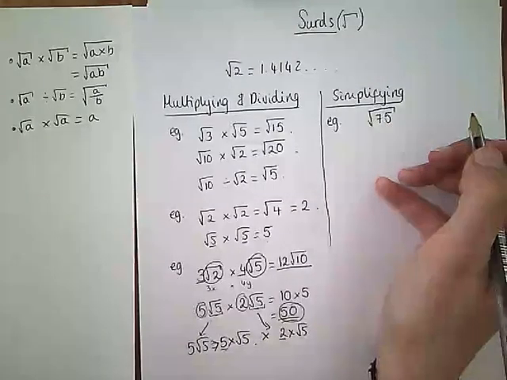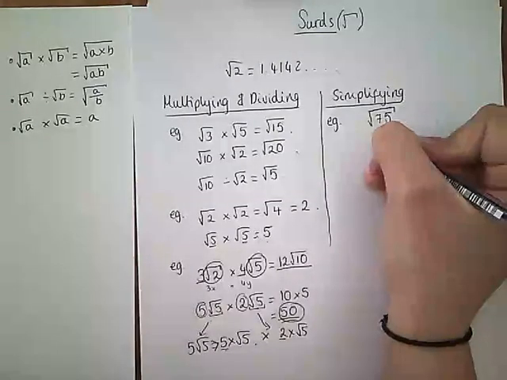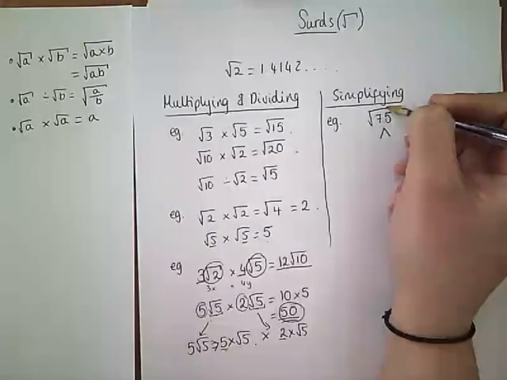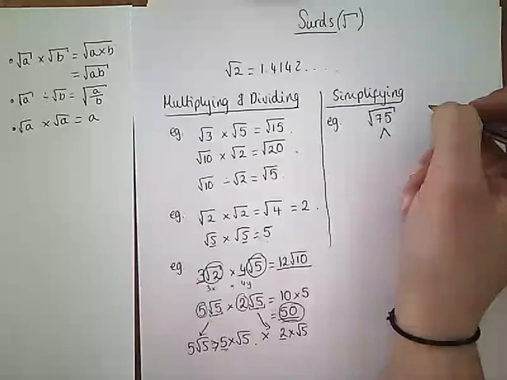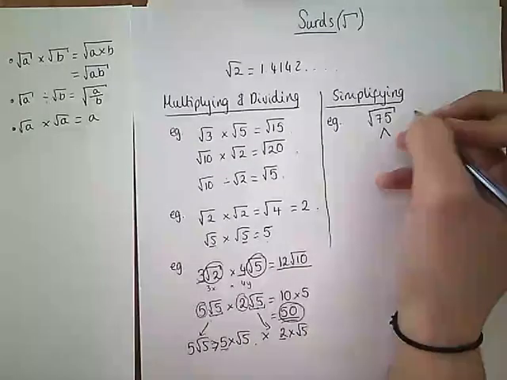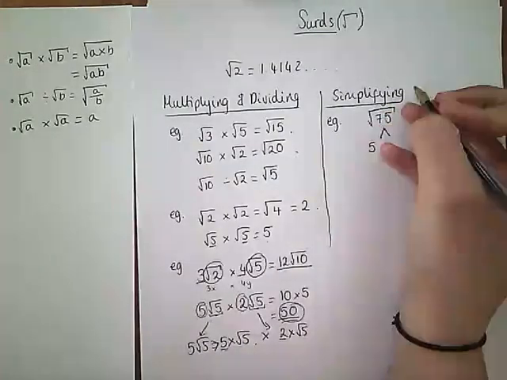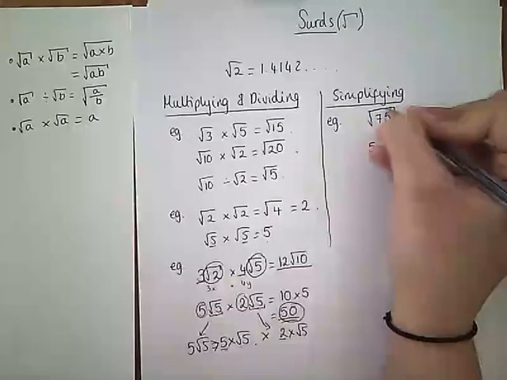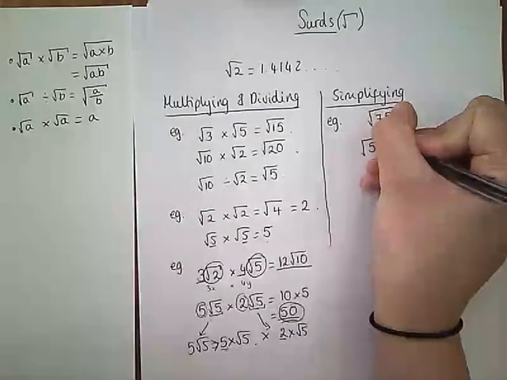So the way I'm going to do it is a factor tree. Now I want you to do it like a factor tree, like you would do for any number. So we're taking the number 75 and we're thinking of prime numbers that go into 75. So 5 is the most obvious, but because we are talking about root 75, sorry, we need to take out root 5.